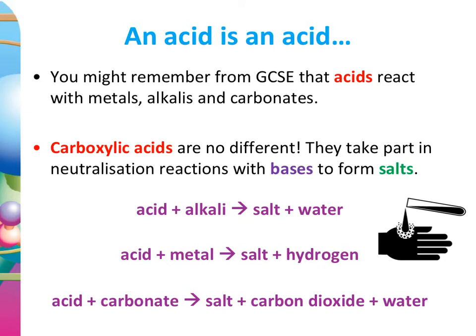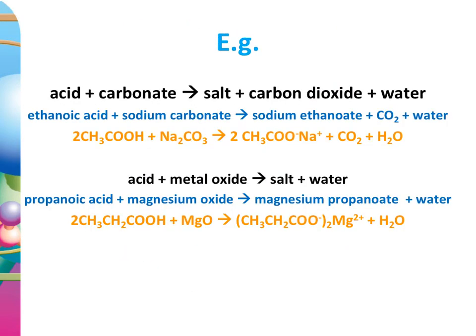You need to remember these general equations, as it's sometimes easy to lose sight of the fact that a question can be about an acid reacting with a base. So bear that in mind when you're looking at questions in the future. Here are some specific examples. We've got our general equation of an acid and carbonate producing a salt, carbon dioxide and water.